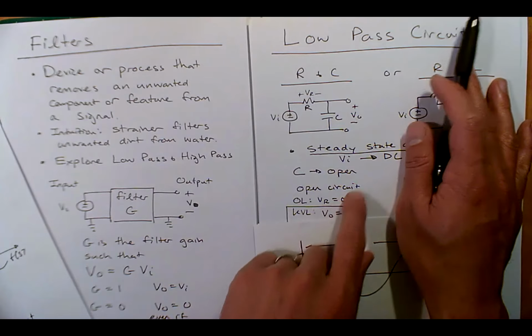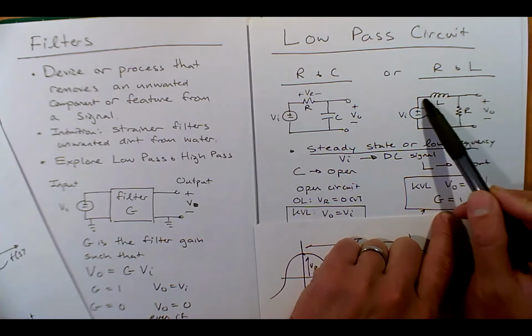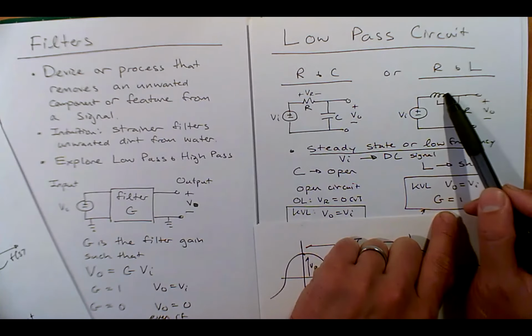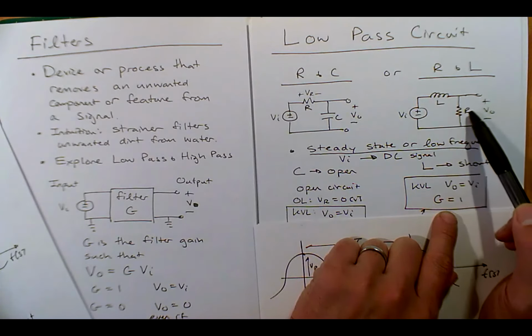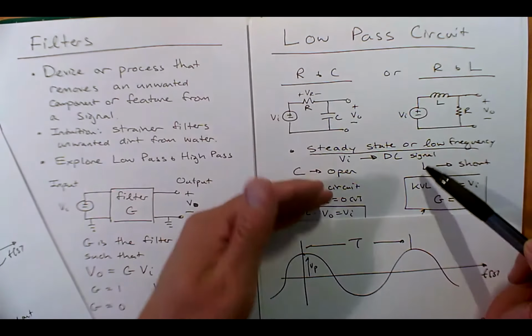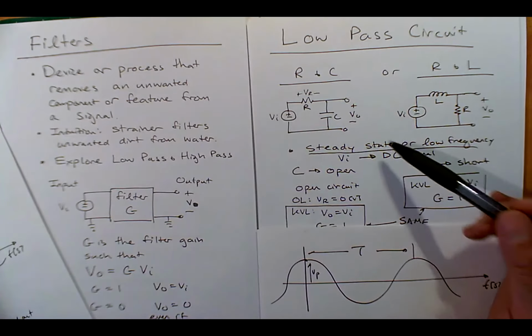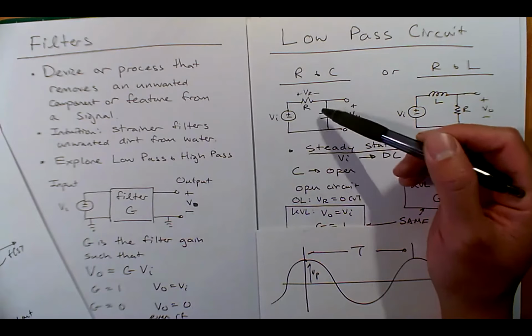Now over here, if the inductor is more like a short circuit in DC or steady state, then the voltage across it gets closer to 0 and V out again equals VI. The same behavior.